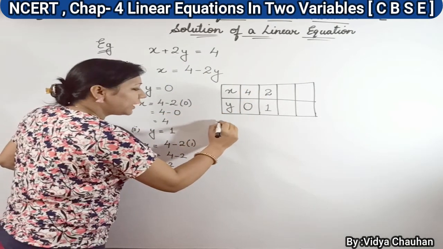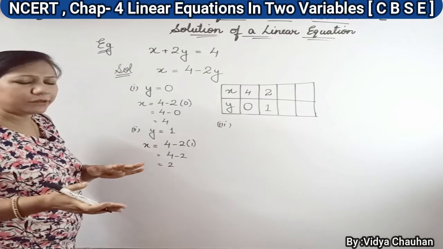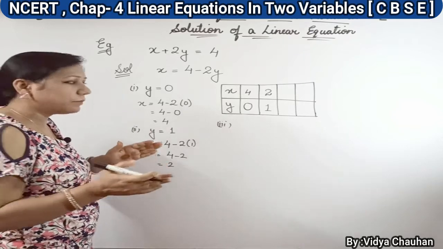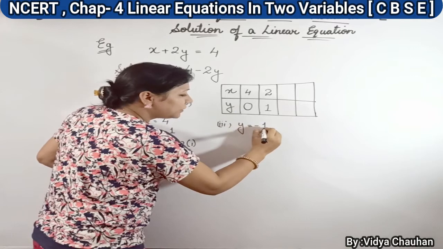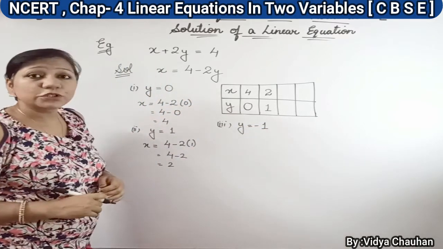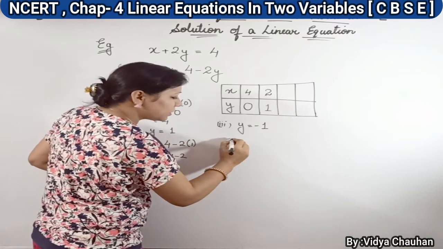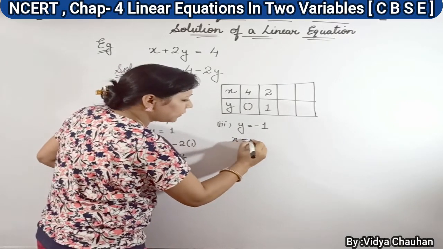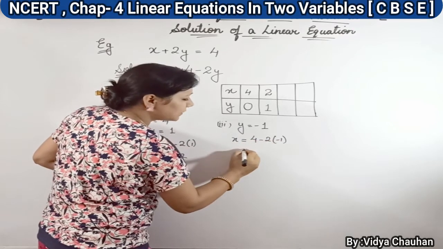Let's get some more values, and you can take negative values also. It's not mandatory to take only positive numbers. Here I am taking y equals minus 1. So x equals 4 minus 2 into minus 1.